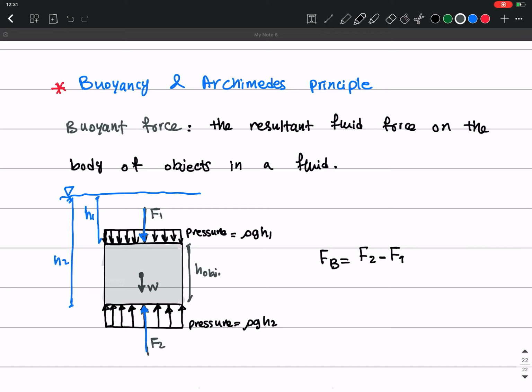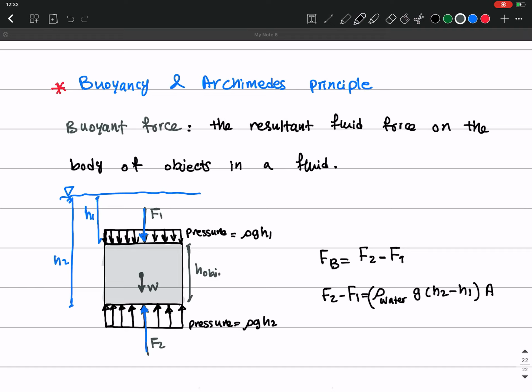So F2 minus F1, I can calculate it. It's going to be rho water g times (h2 minus h1) times the area that it is acting on.